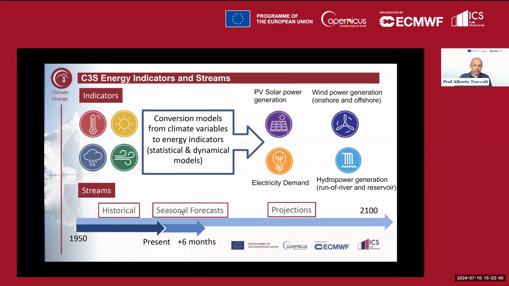And then we have the second stream, the seasonal forecast, covering hindcast periods from 1993 to 2016, and then the current forecasts for the past couple of years and beyond. And then the third stream is the projections that covers the period from around 2015 to 2100. So this is the brief overview.